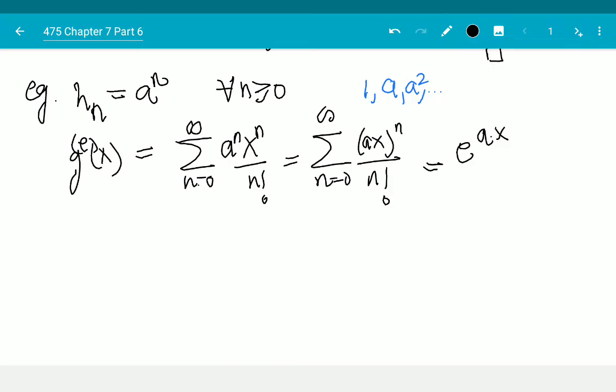And that is why we generally call it the general exponential generating function. This is another example.